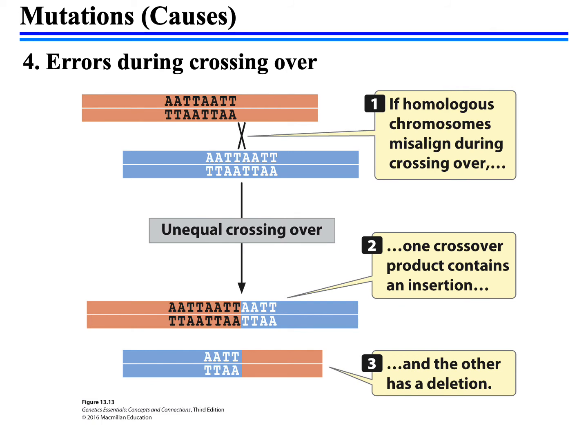With unequal crossing over, the resulting chromosome structure has different genetic information in it than it did previously. Here too, you can have insertion or deletion of stretches of nucleotides, with mistakes occurring during the crossover or genetic recombination process.